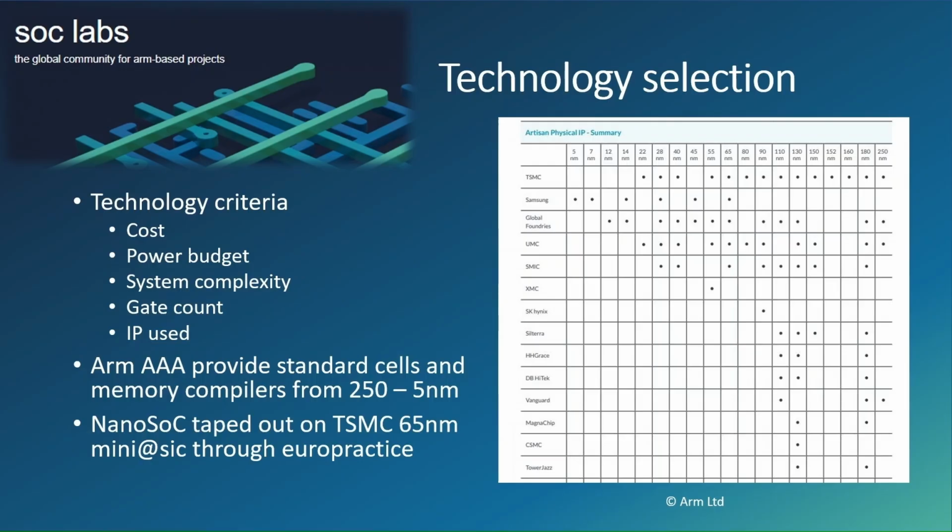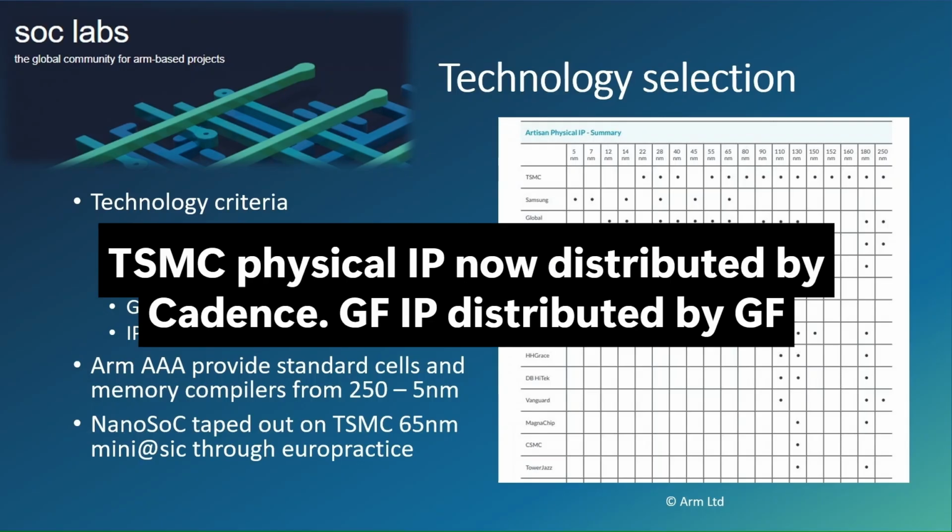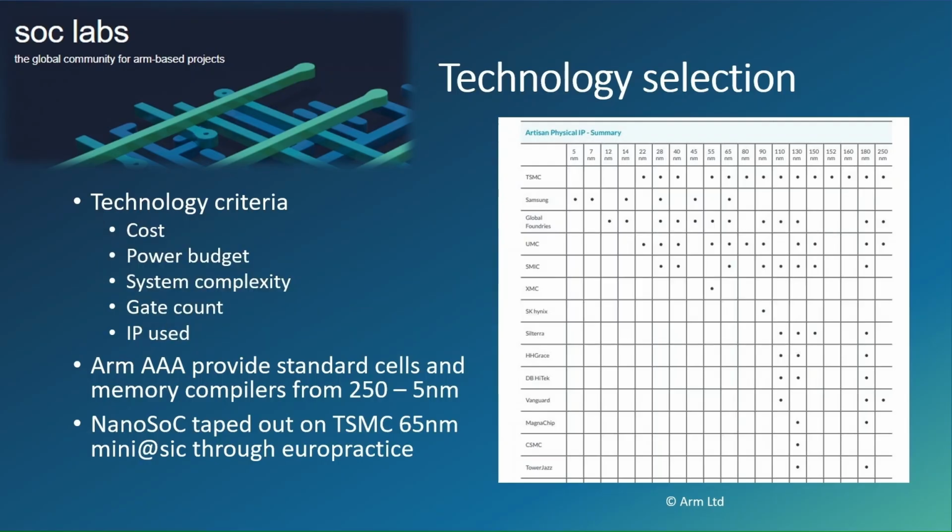ARM as well, they have their physical IP for a significant number of technology nodes from 250 nanometers all the way down to 5. What we've picked as a nice price point and good availability on shuttles is the TSMC 65 nanometer so far. Like John said before, we're working on 28 nanometer soon and 16 nanometer hopefully by November.